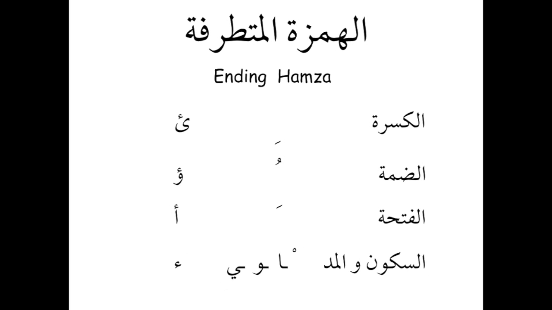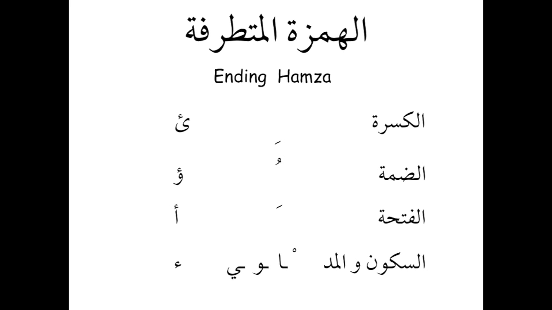So let's begin. What we will do is examine the vowel preceding the hamza. If that vowel was a kasra, we'll write the hamza on a ya. If that vowel was a dhamma, we'll write it on a waw. If that vowel was a fatha, we'll write it on an alif. If it was preceded by a sukoon or by a long vowel, we'll write it on its own.